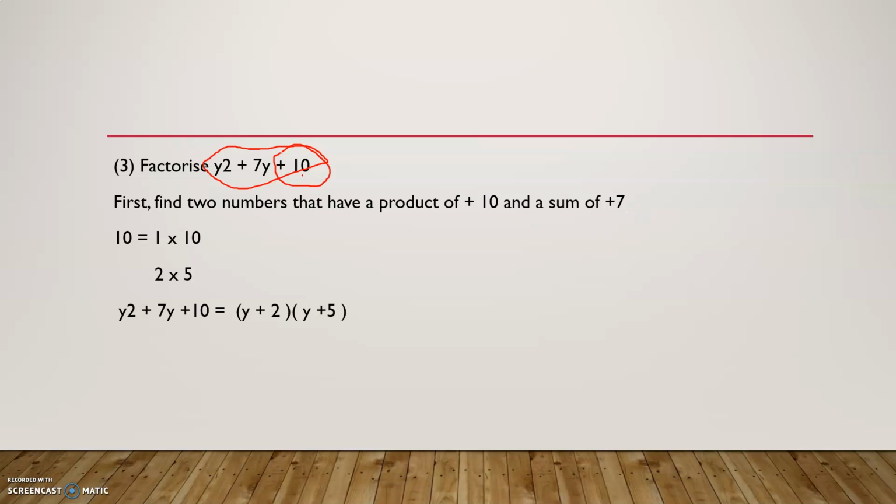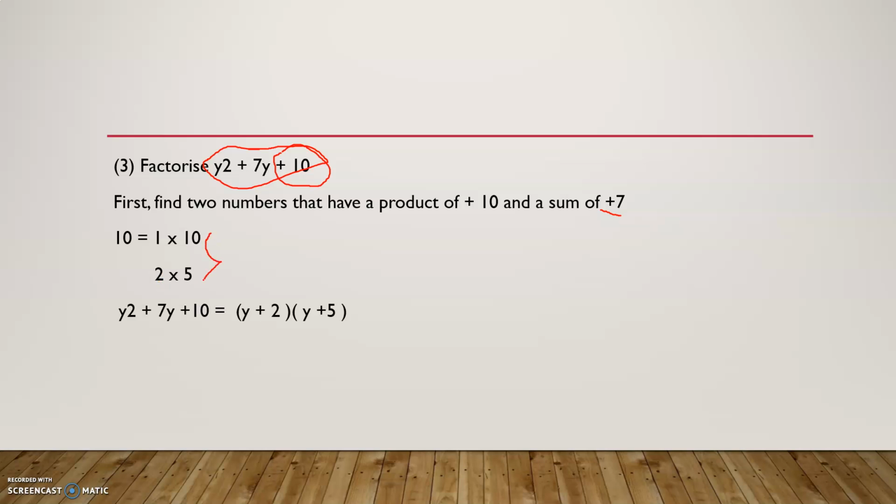So when you find two numbers which give me positive 10, they also have to give me a sum of plus 7. First we have to look for factors of 10, which would be 1 times 10 and 2 times 5.